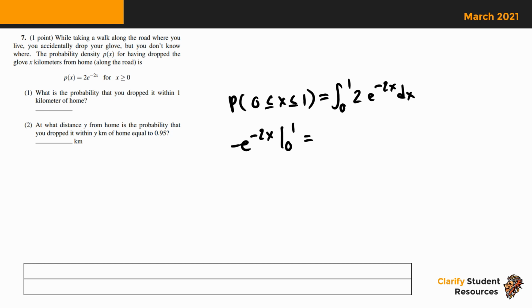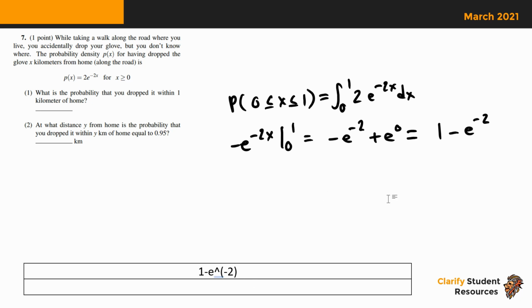So when we plug this in, we'll take the upper limit, so e to the negative 2, minus minus, so that becomes plus e to the 0, which we know is going to equal 1. So this is basically going to equal 1 minus e to the negative 2. So yeah, there's nothing really special about this one. You can just plug it in as 1 minus e to the, don't forget your brackets, negative 2.